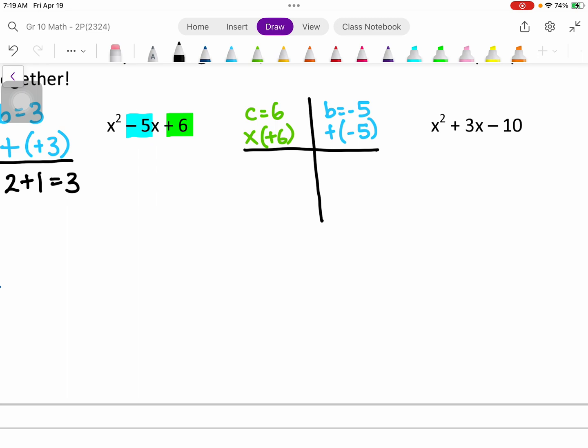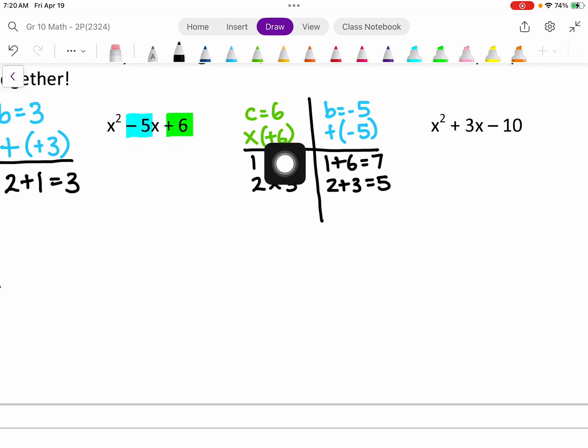So numbers that multiply to 6: 1 times 6 multiplies to 6, and 2 times 3 multiplies to 6. Now if I do 1 plus 6, that equals 7, and 2 plus 3, that equals 5. Now, 2 times 3, 2 plus 3 equals 5, so that's good. I need 5, but I need -5. So to get to -5, I actually need to use negative numbers.